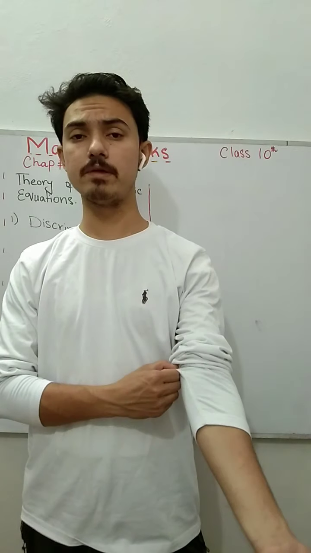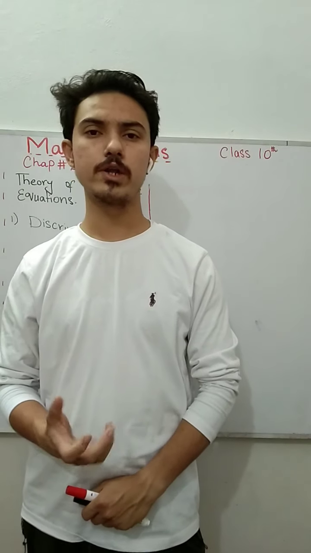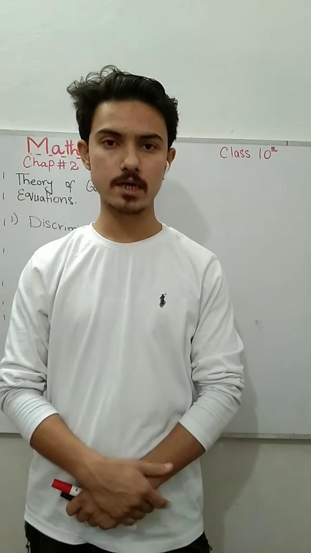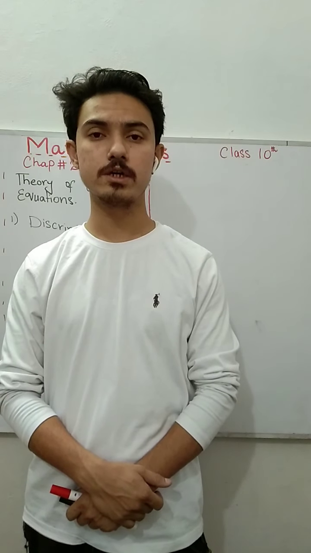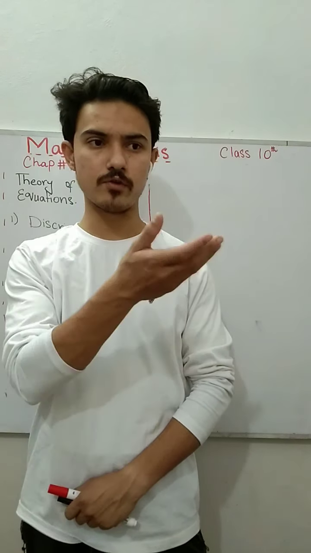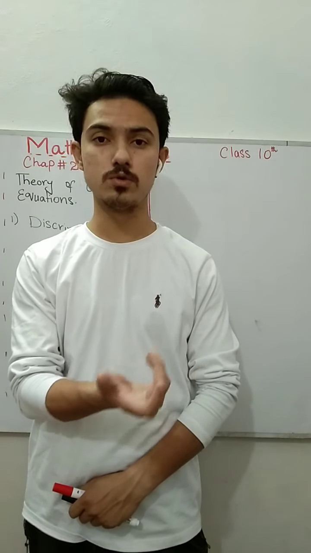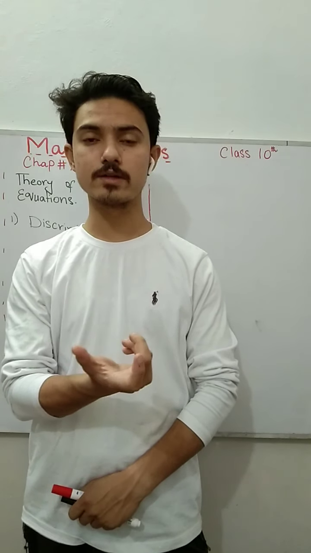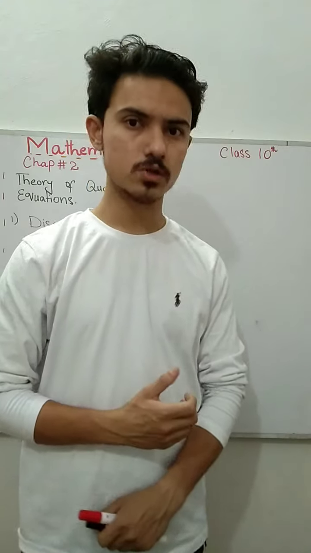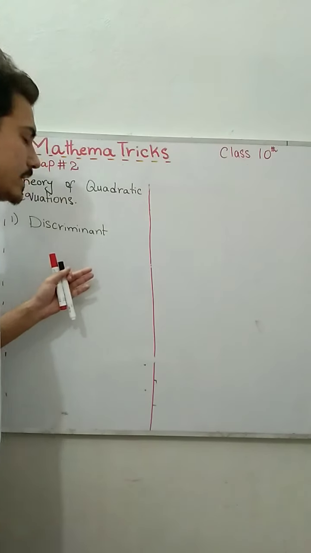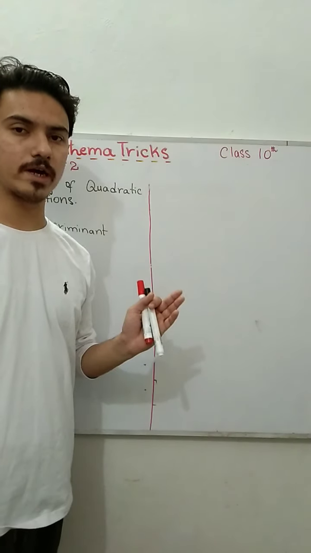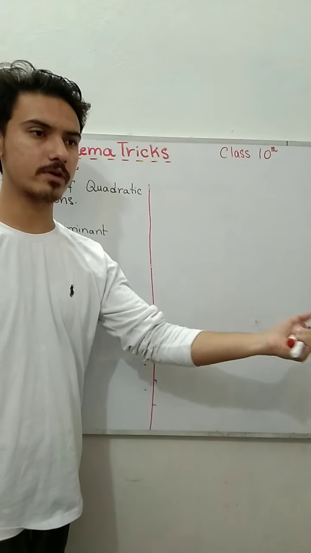In the previous chapter, we learned about the quadratic equation, how to find the solution set or the roots of quadratic equations. Remember, the value of x that you find is known as the roots. Now, in discriminant, we are going to find the nature of those roots.